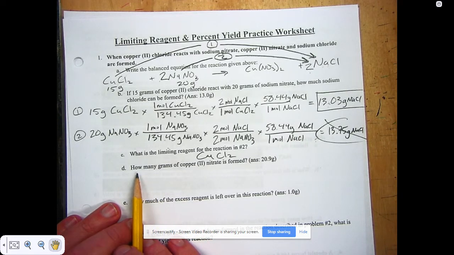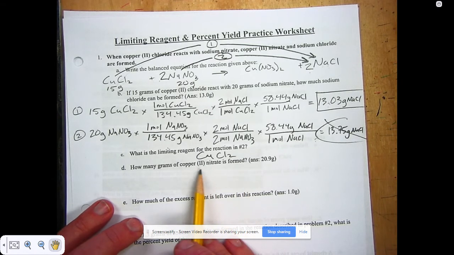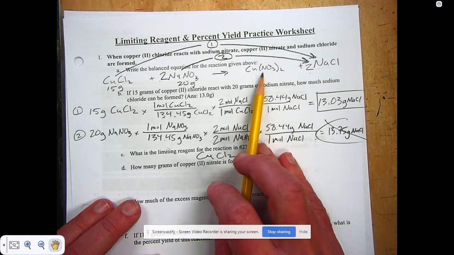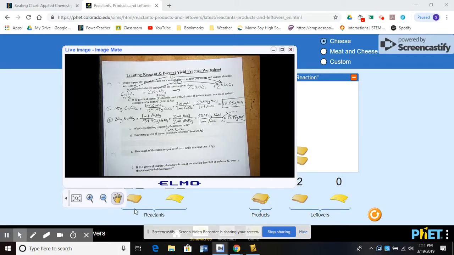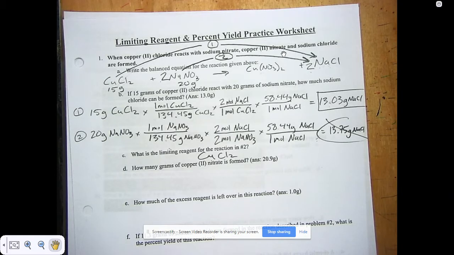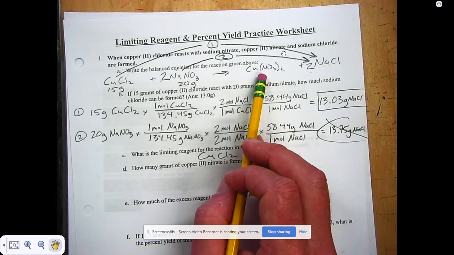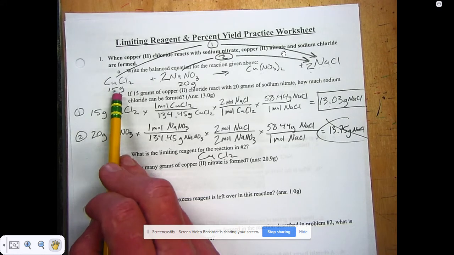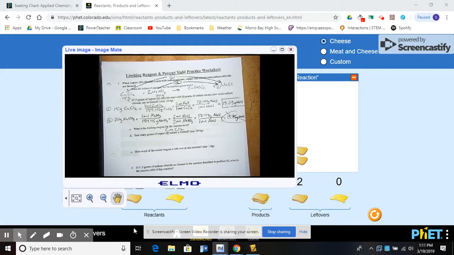Next it asks how many grams of copper 2 nitrate is formed. So we figured out how much sodium chloride is formed. It's next asking how much copper 2 nitrate is formed. So what you're going to do for that is a gram-to-gram stoichiometry problem going from your limiting reagent to this product that you're interested in next. So do a gram-to-gram stoichiometry problem going from 15 grams of copper chloride and figure out how much copper nitrate you can make with that.